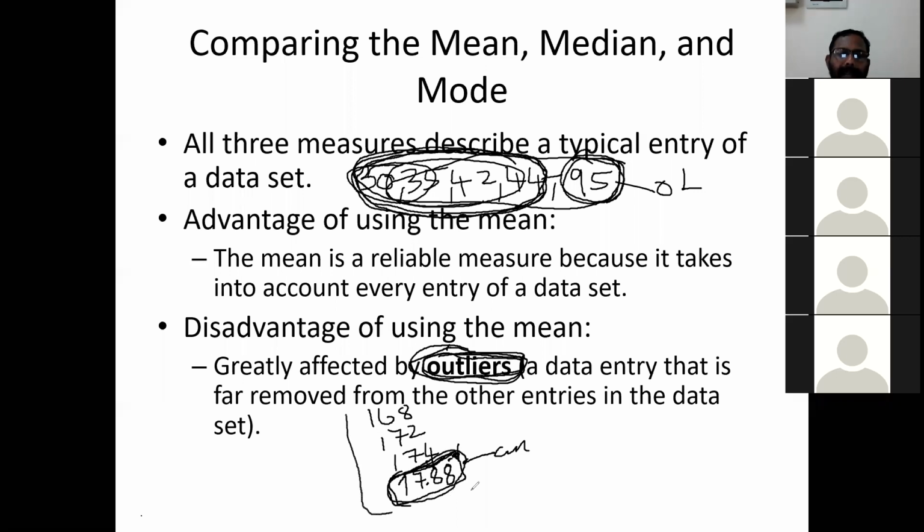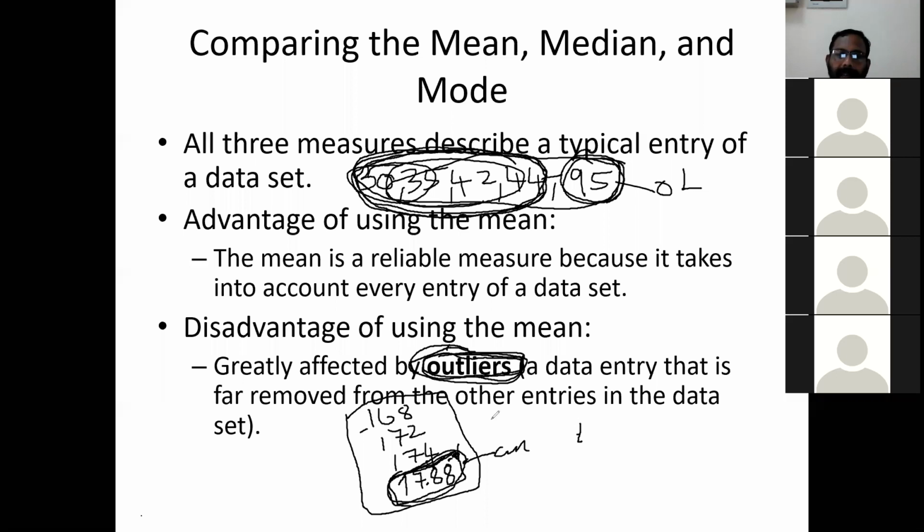So calculate the mean value and tell me. Add all these values: 168, 172, 174, 1788. Add all these values and divide by 4 and tell me what the value is. 143.87.